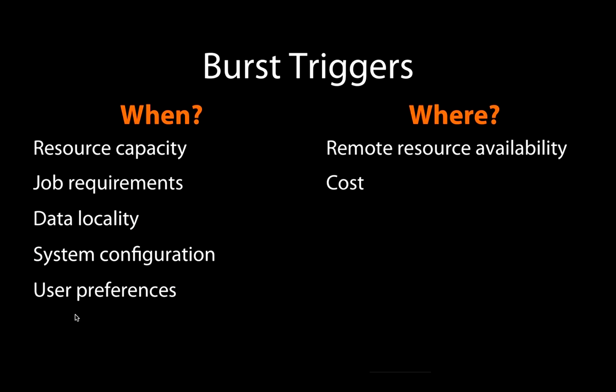We have peak usage scenarios where you want to burst out. People have departmental clusters that they occasionally need, for a workshop or a deadline for a proposal. And you want to be able to use more capacity, and also resource heterogeneity a lot of times. De novo assembly is a good example of a process that requires a lot of memory, and instead of maintaining those machines, let's just grab it from the cloud.